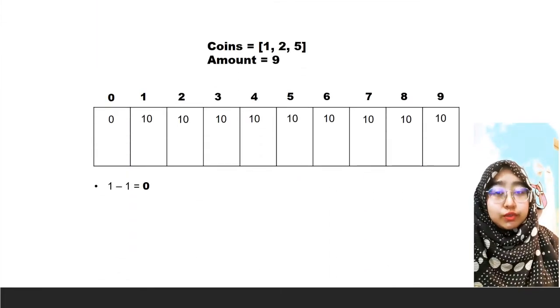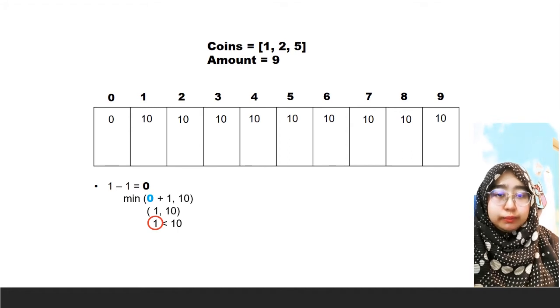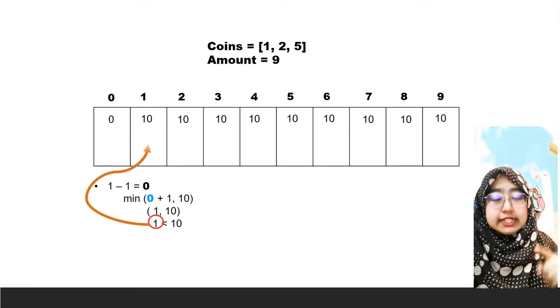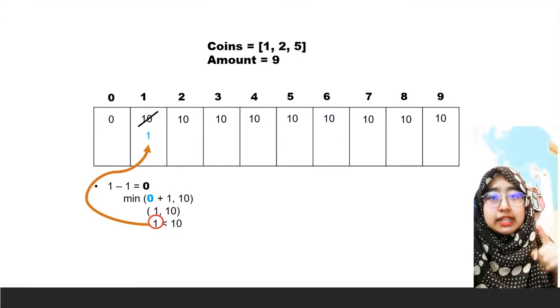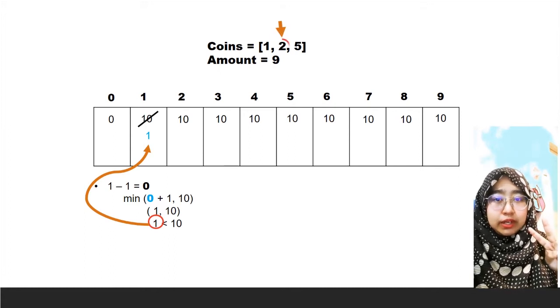Zero plus 1 is 1. So we compare 1 to 10. Notice that 1 is less than 10, so we will put 1 inside box 1. And we move on to the second coin, that is 2. 2 is more than 1, so we will not be using it.